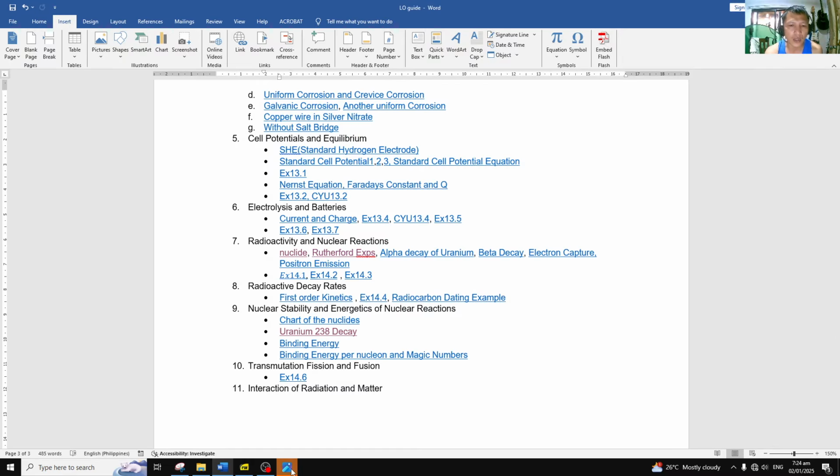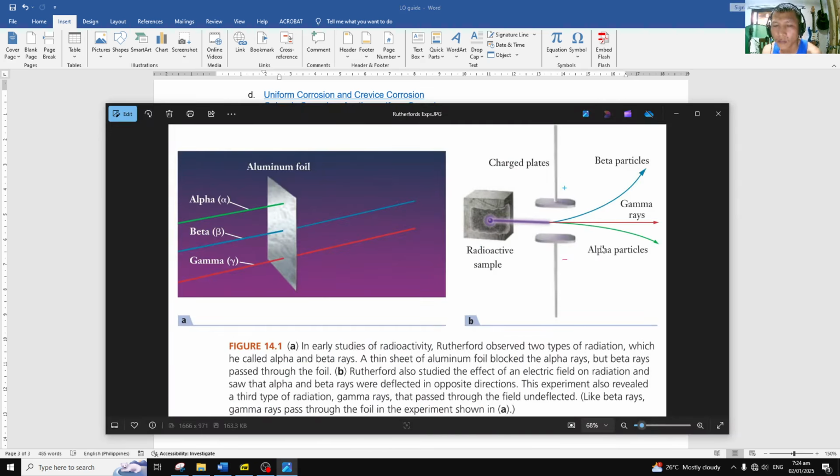The discovery actually comes from Rutherford's experiments. It's the first discovery of these particles in nuclear chemistry. Rutherford is the one who discovered the alpha, beta, and gamma particles. I think this is also connected with how the protons were discovered.